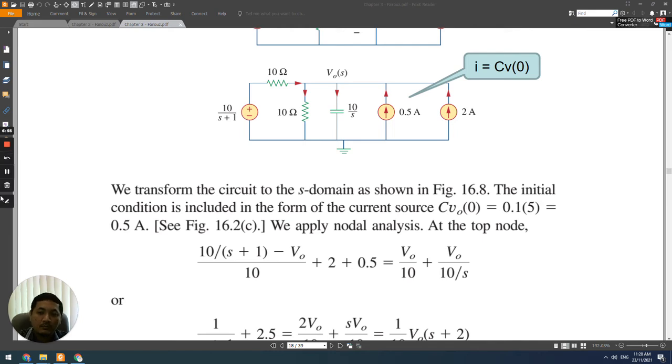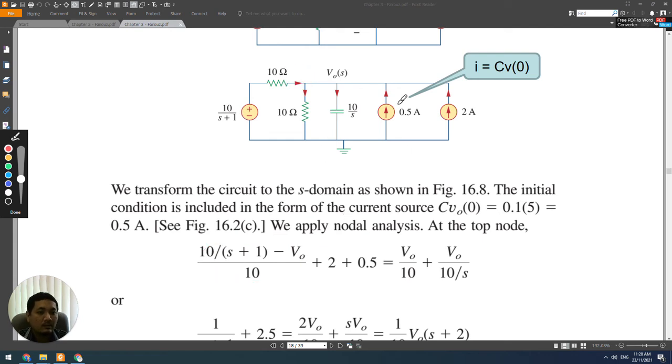So we have to calculate one by one. What is this current? This voltage minus this voltage divided by the resistor here. So 10 over S plus 1 minus V out, divided by 10 ohm. This is the current for this one here.